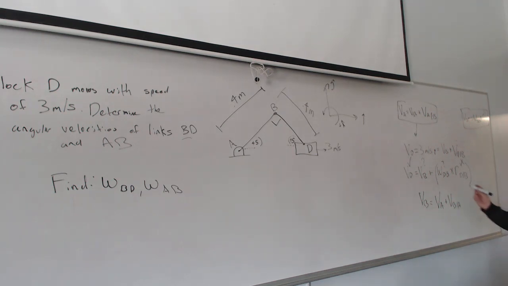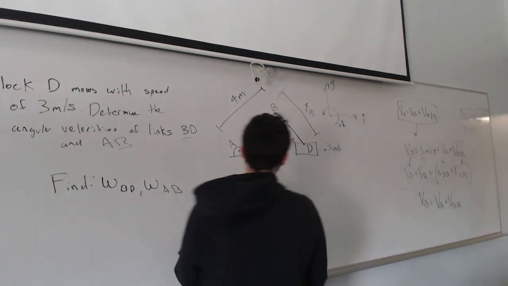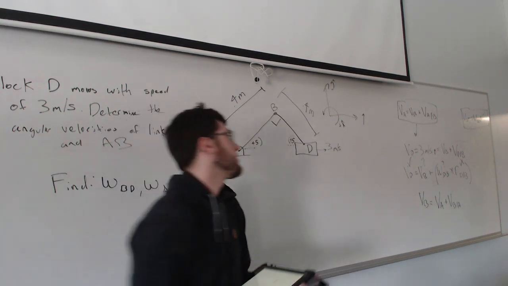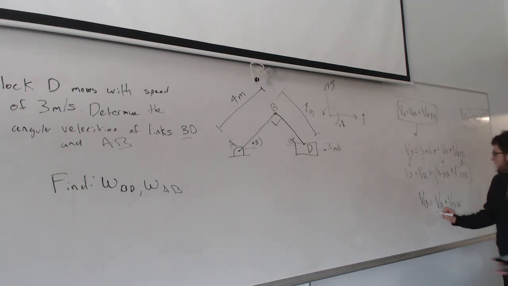There is something special about link AB. A is fixed. A is not going to move. So the velocity of A is 0.